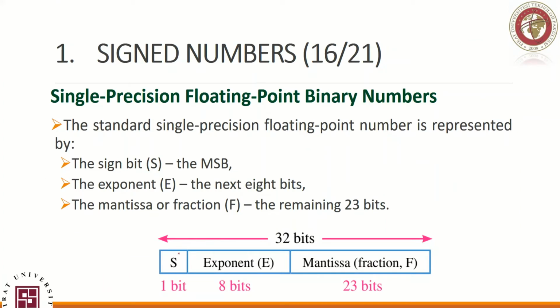So we have the sign bit. It represents the real sign of the number, if it is positive or negative. If it is 1, it is negative. If it is 0, it is positive. All right. So we have the exponent, and the exponent is biased. Biased means what? In order for us to compensate for big numbers, we add 127 to the exponent. We make the exponent big, in other words.